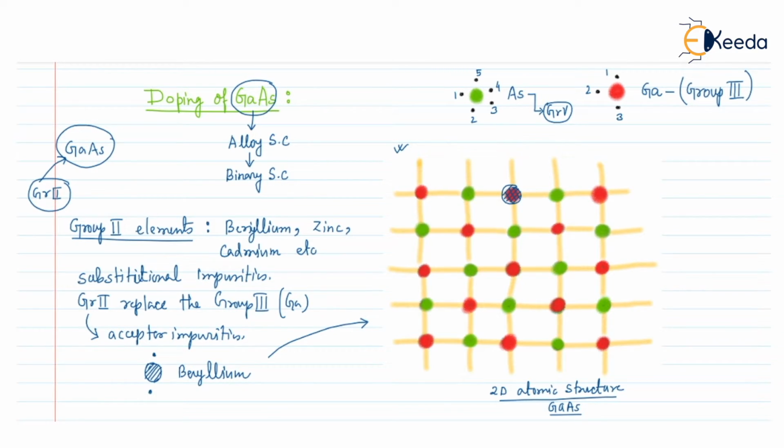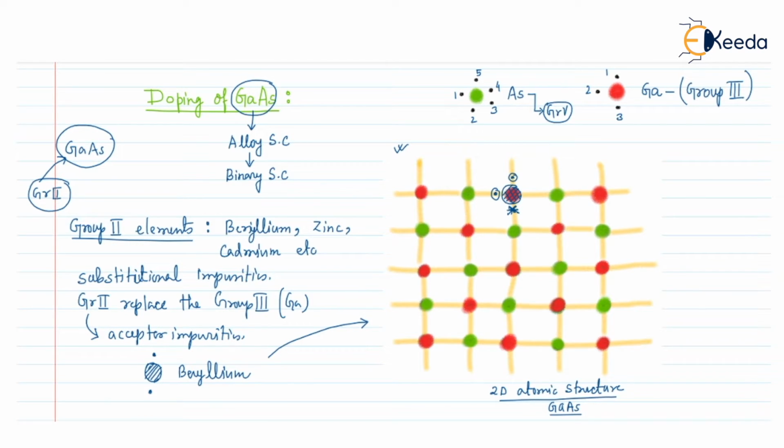Then there will be only 2 electrons, because beryllium has 2 electrons, and there will be a vacant space in the lattice.